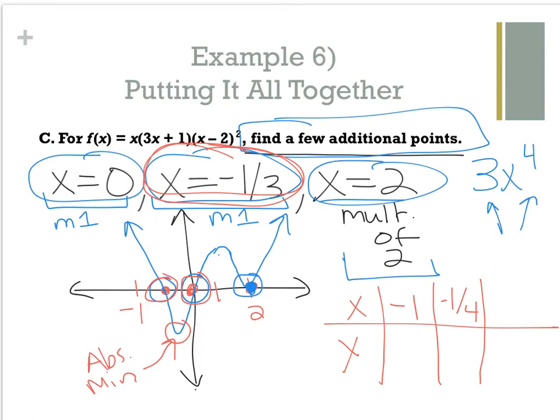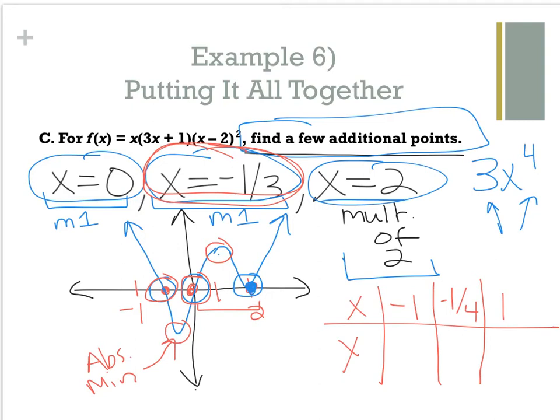And I need to find an x value in between 0 and 2. And a number in between 0 and 2 that makes sense to me is positive 1. And it could be that this relative maximum right here could be at 1 or near 1.